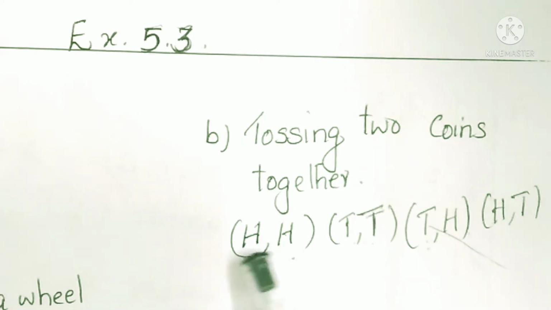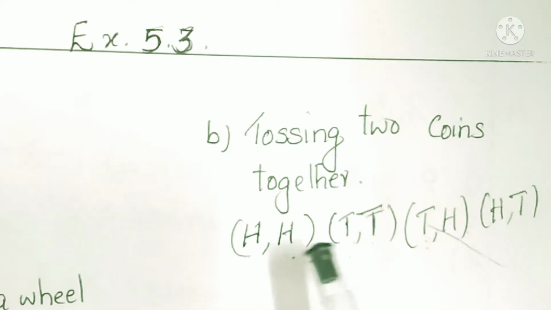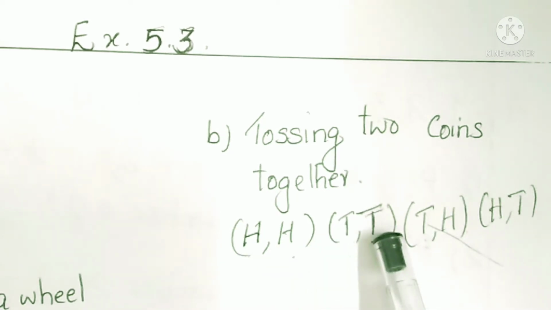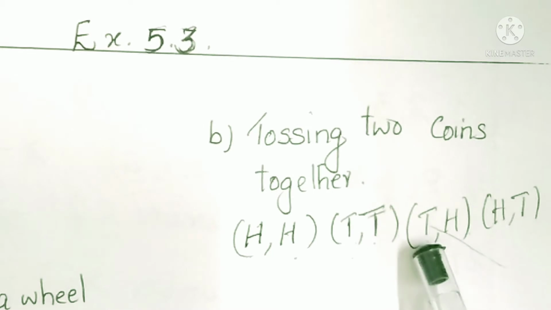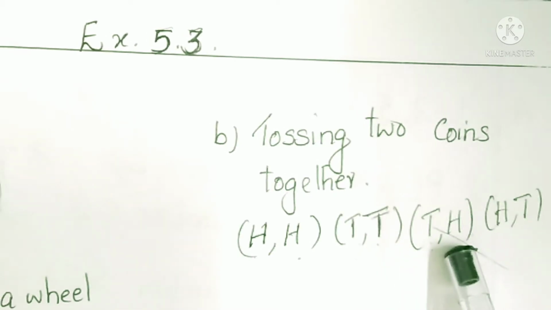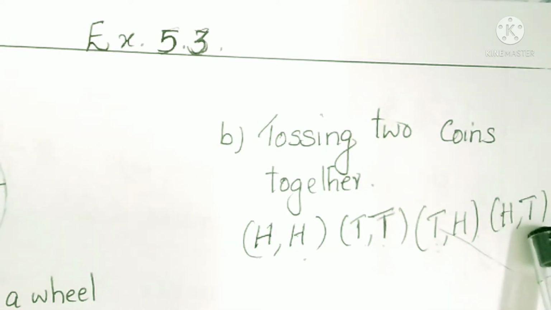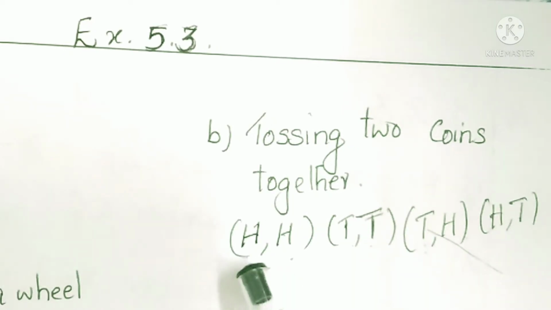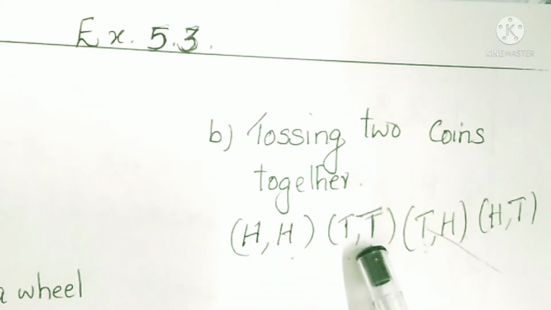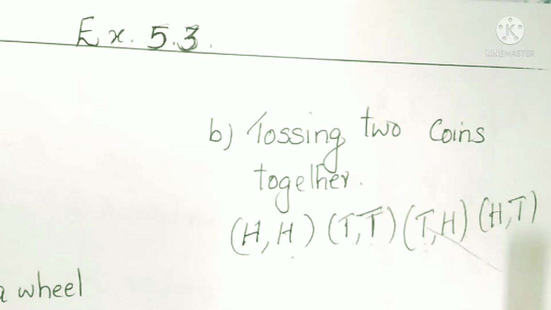Either you will get both of them head or both of them tail, or the first one will be tail and the second coin will show head. The other chance is the first one will show head and the second one will show tail. So what are the outcomes? Head head, tail tail, tail head or head tail. So these are the outcomes.